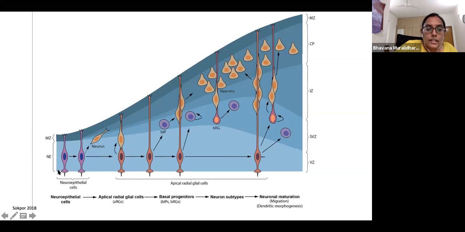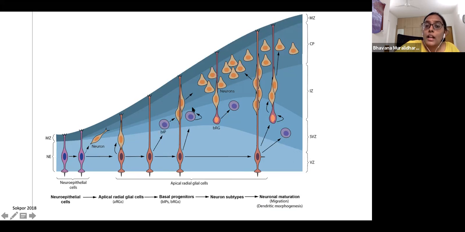So this is the ventricle here. The region below this consists of the ventricle, or the hollow cavity. Just right above the ventricle is the ventricular zone, where all your progenitors, or something which is very similar to the neuroblast in the Drosophila, are present in this ventricular zone, right?